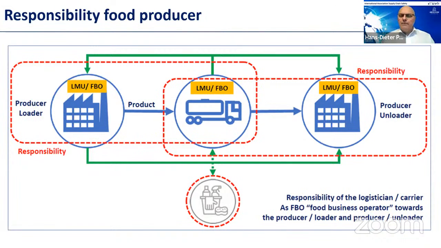These types of transport units are used from one to the other, always with different products in different cleaning stations. And that means that the logistic companies have a high responsibility for that.